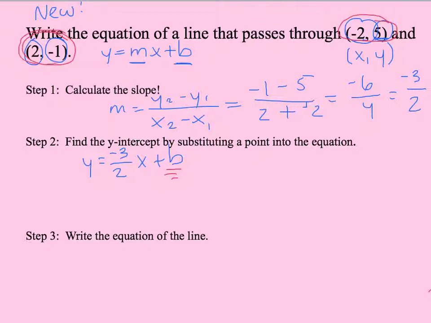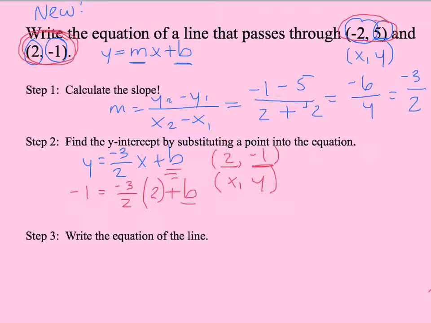I'm going to take 2, -1, and I'll write that over here. Remember, this is x, y, so our y value is going to be -1. So I'll say -1 is equal to -3 halves times x, and x is 2, plus b. Now we know everything in our equation except for b.